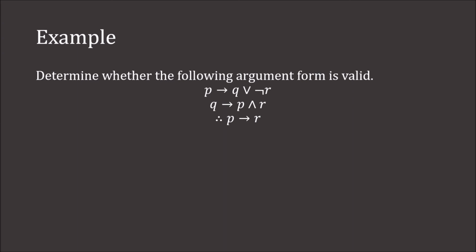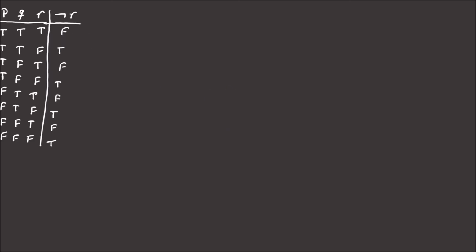Let's now create a column for Q or not R. A disjunction is false only when both are false. So row 3, both are false, and row 7, both are false. And it is true everywhere else.